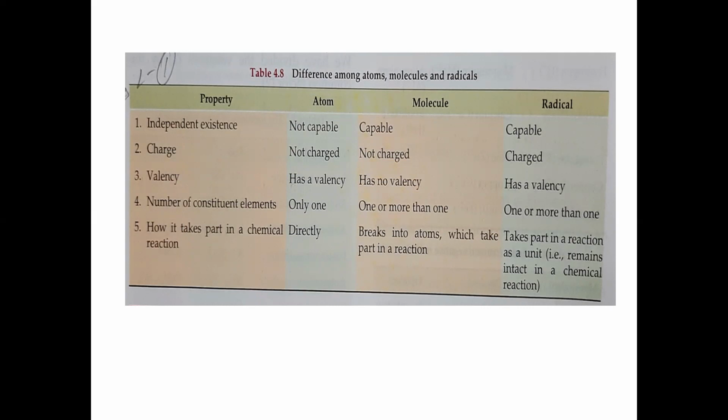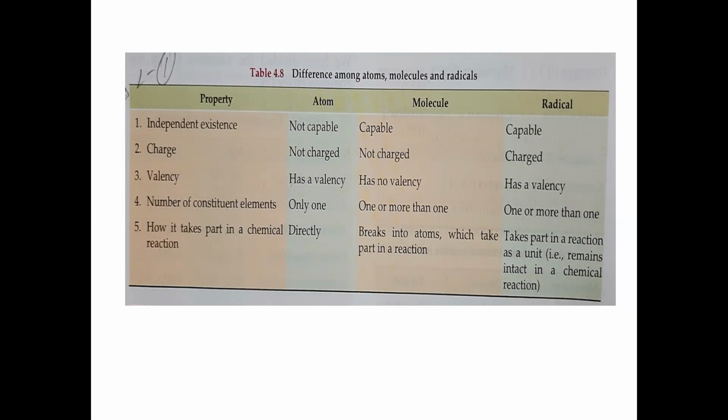The second point is charge: atoms are not charged, molecules are also not charged, radicals are charged. Third is valency: atoms have a valency, molecules have no valency, radicals have a valency.